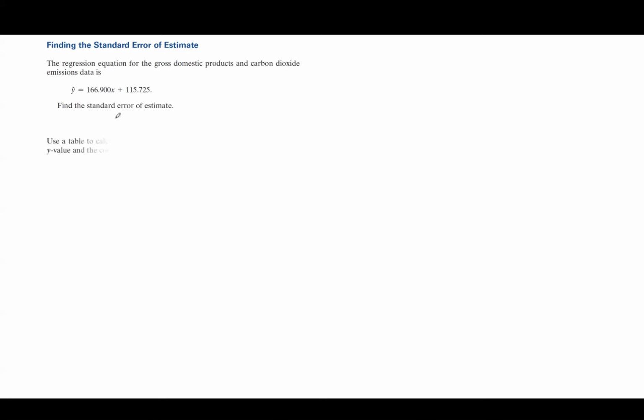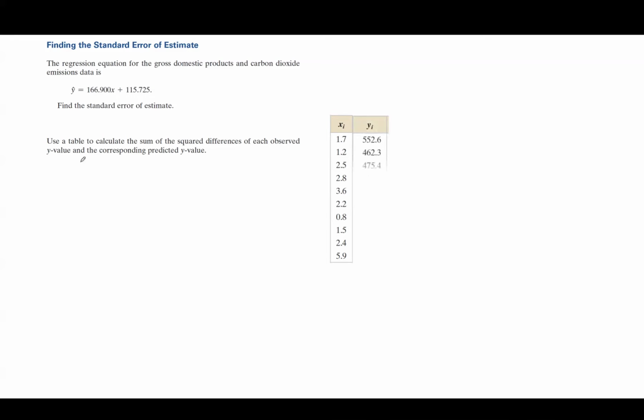So manually, we want to use a table to calculate the sum of the squared difference of each observed y value and the corresponding predicted y value. Each xi and yi we introduced in the example with some of the calculations. So let me show you. Here you have xi, then you have yi corresponding to xi.